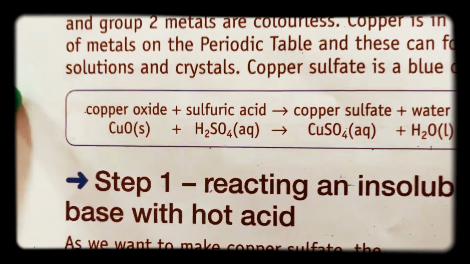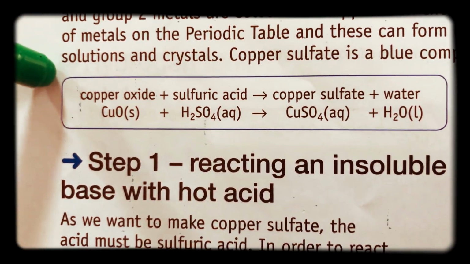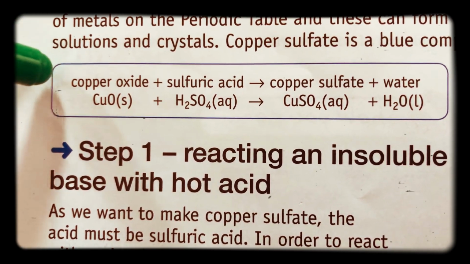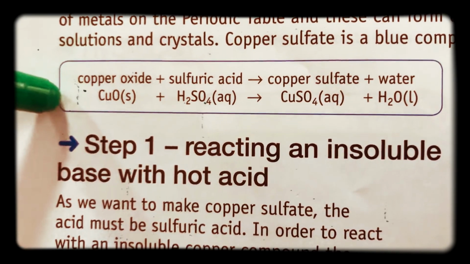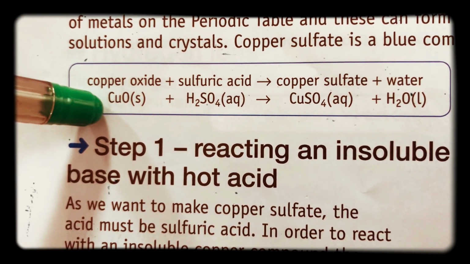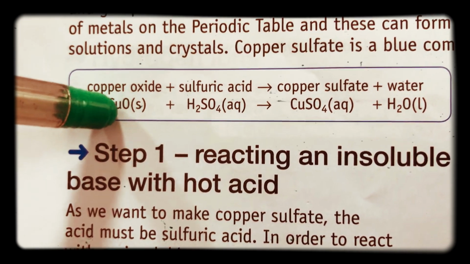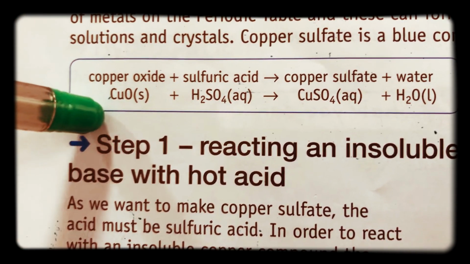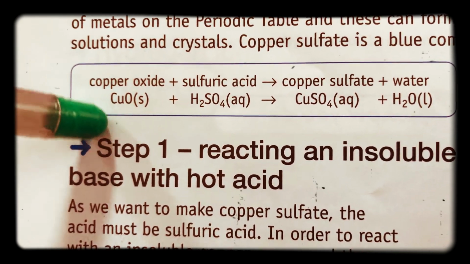So here is your really important equation. This is the equation for the reaction that we are going to be looking at right now. Copper oxide, CuO, is a base, and it's insoluble. Notice the small u and the capital O. This is the word equation at the top, and the balanced symbol chemical equation at the bottom.